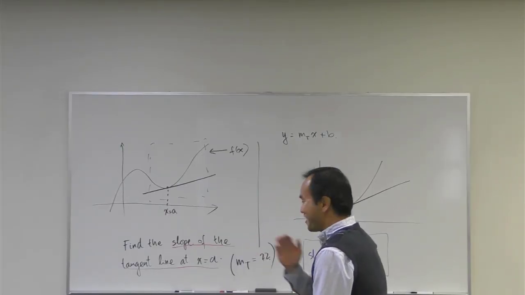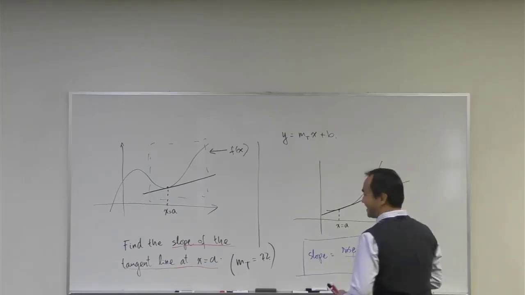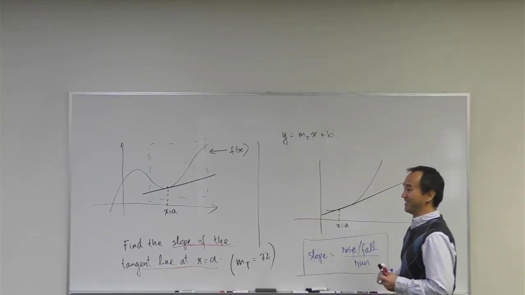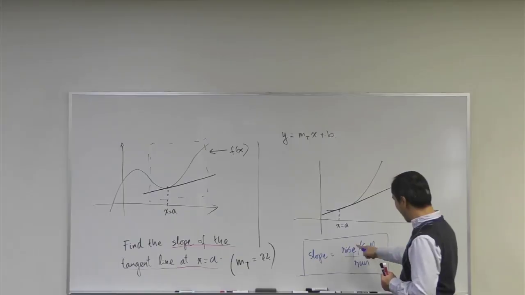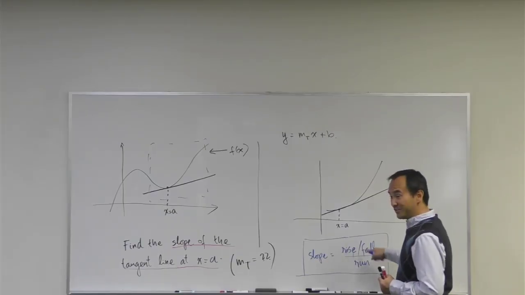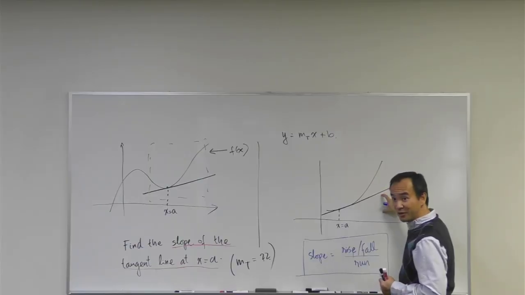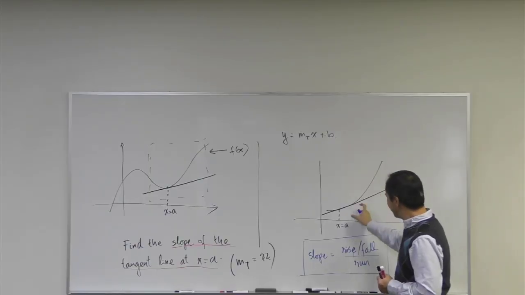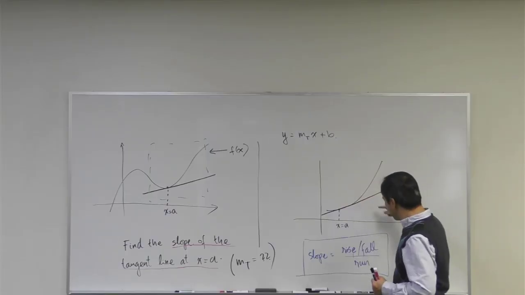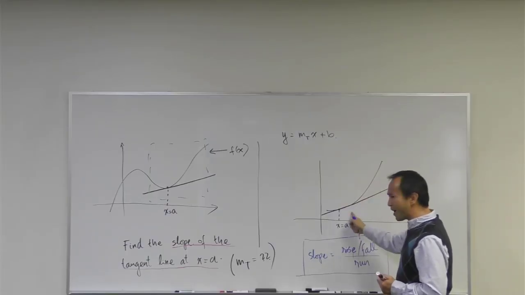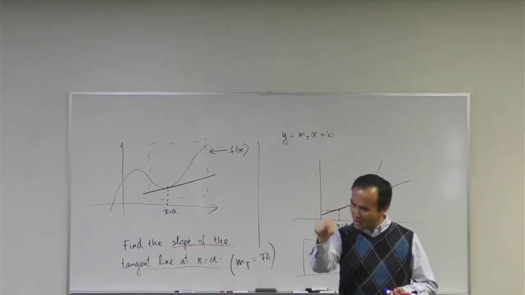Okay, why not? You need at least 2 points. You need 2 points in order to do rise over run or fall over run, because the second point indicates how far the rise is, or how far the fall is, over how far the run is. But what's our real problem here?